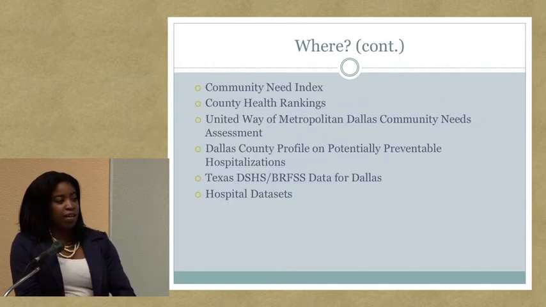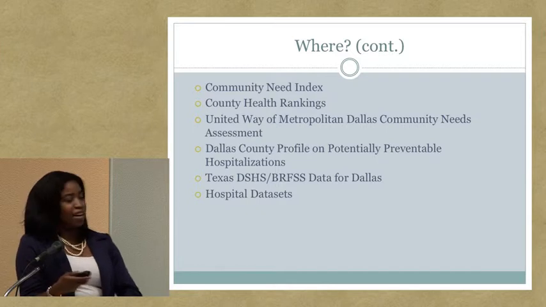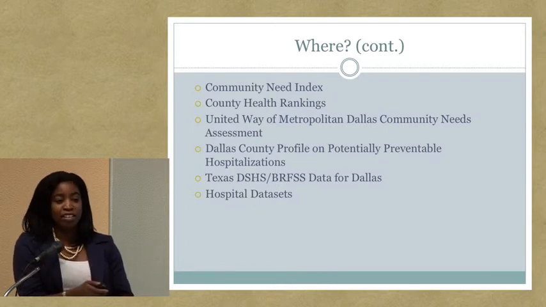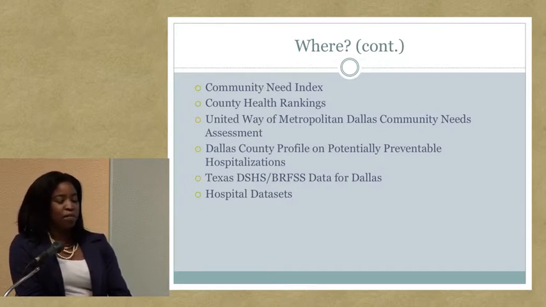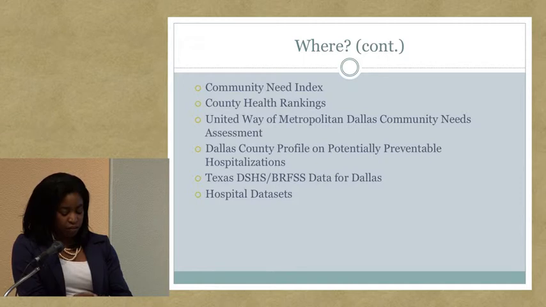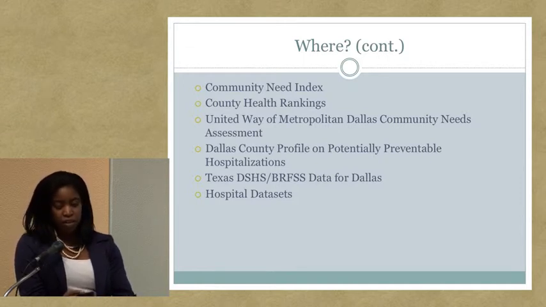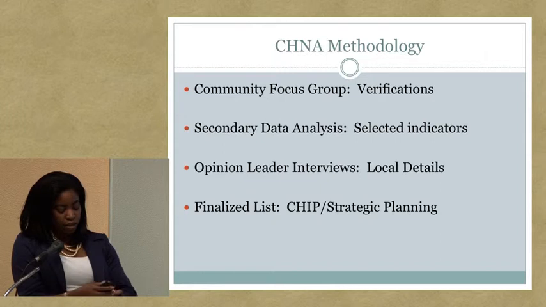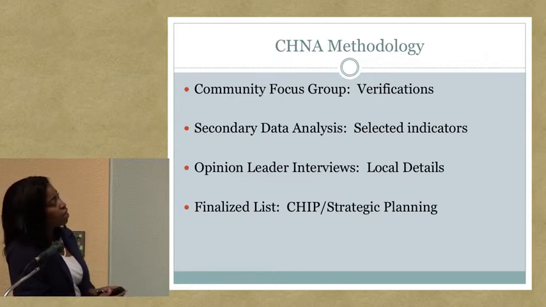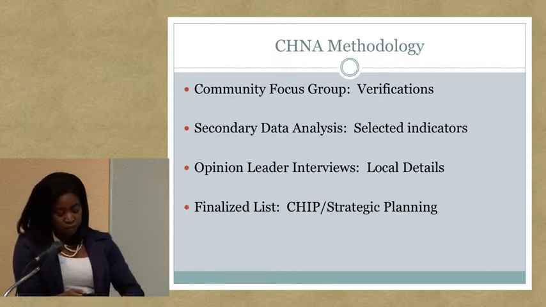And then, of course, I was telling somebody yesterday, my favorite link was the link that says email the Center for Health Statistics at the State Health Department. So we used quite a bit of DSHS data as well. And then we also used the county health rankings, and then United Way also has a report that has a health component in Dallas.